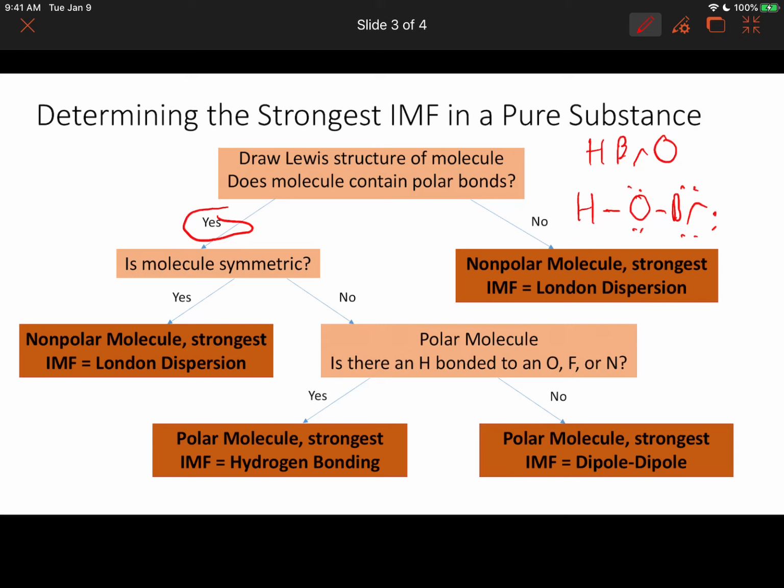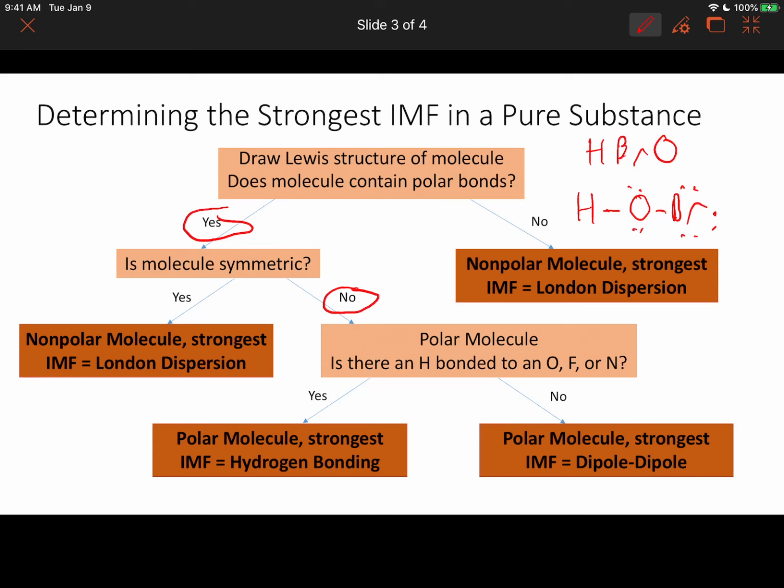Well, it's a molecule that has 3 atoms in it, that has a bent geometry, and all 3 atoms are different. So no, the molecule is not symmetric. Even if we draw it in its actual shape, because it has 3 different atoms, it is not symmetric. That means that we have a polar molecule.